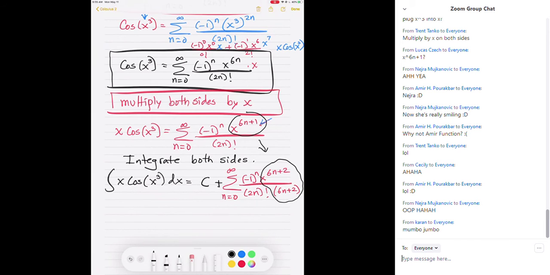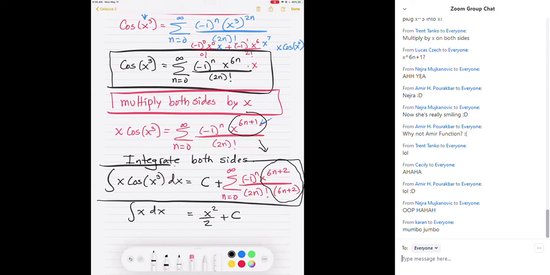If you want to find the c, because this is an indefinite integral, just like if I had asked you what is the integral of x dx, you would have said x squared over 2 plus c. So because this is an indefinite integral, you just write it like that.